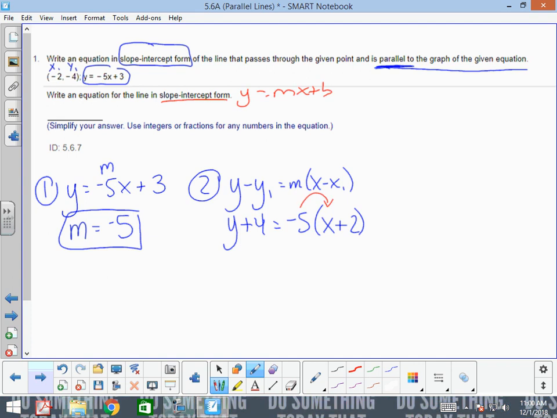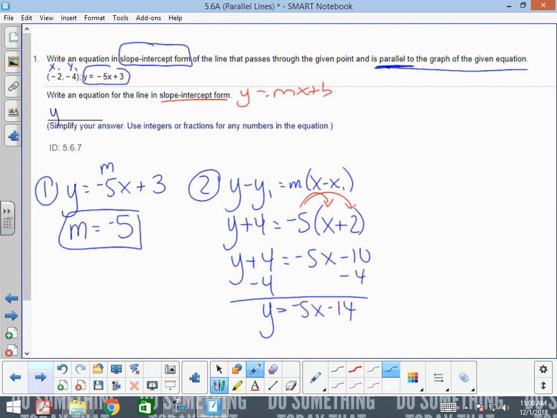So do the distributive property, and we get -5x minus 10, subtract 4, and the slope-intercept form is y = -5x - 14. Make sure you type in the y equals part because they don't have it written for you, and make sure that you write an equation. Okay, so that's the first one.